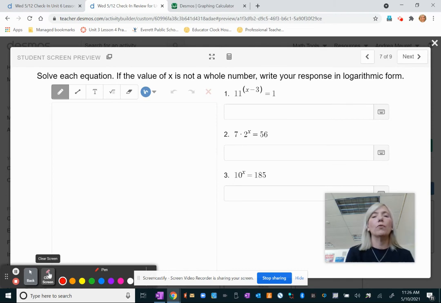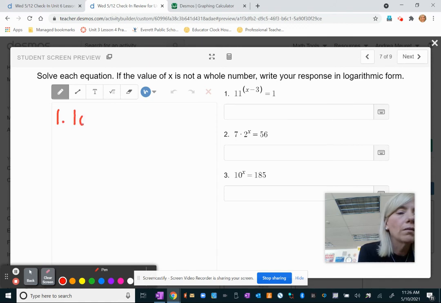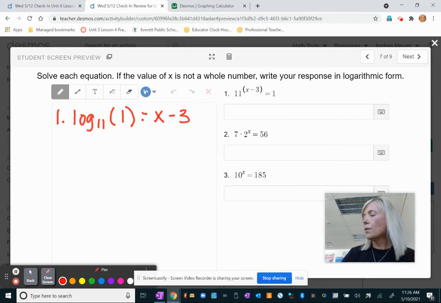switching this to log form for number 1. So on number 1, I would say log base 11 of 1 is equal to x minus 3. I'm going to first switch it to log form.